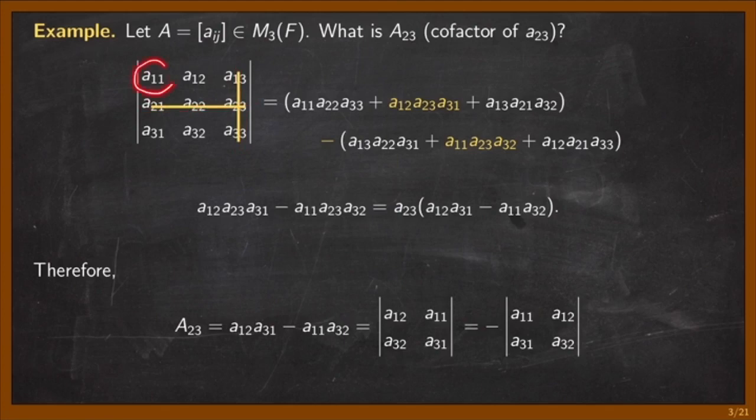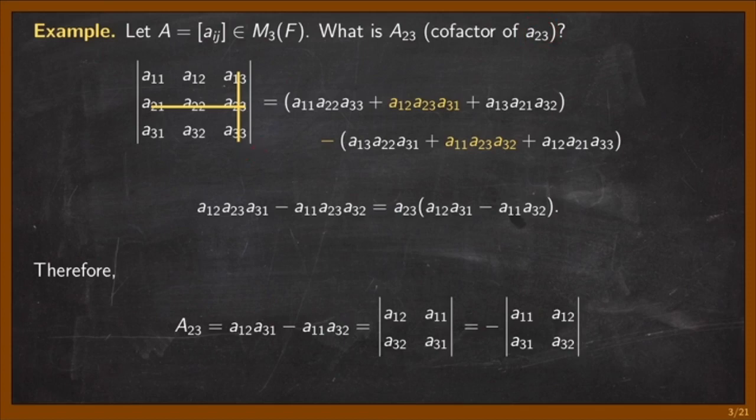So what remains are these four entries forming this determinant, and it is appended by a minus sign. So in this case, we see that the cofactor of the entry a23 is a 2 by 2 determinant coming from a 3 by 3 determinant.